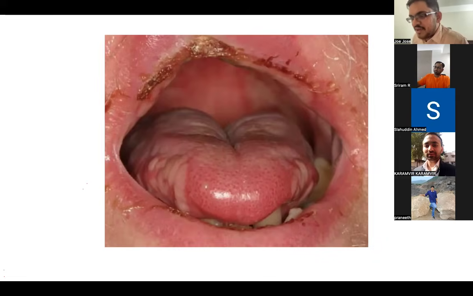Then you also have palifermin, a recombinant keratinocyte growth factor, which can be given prior to radiation and, in case of autotransplant, prior to the conditioning regimen. All of that can be used to prevent mucositis.